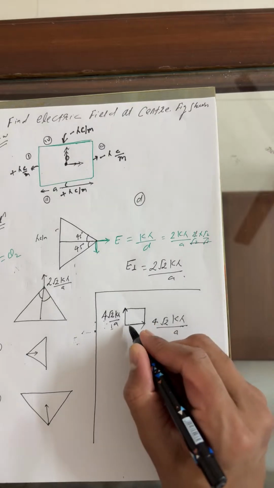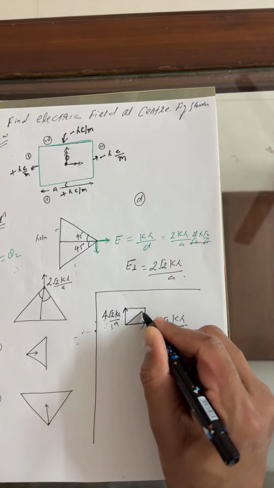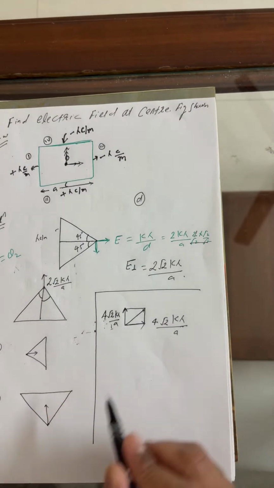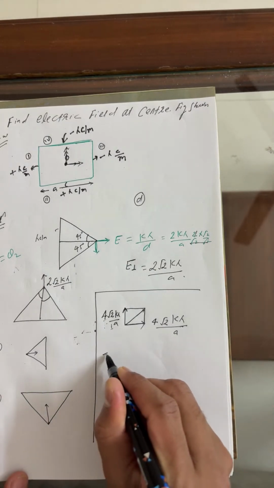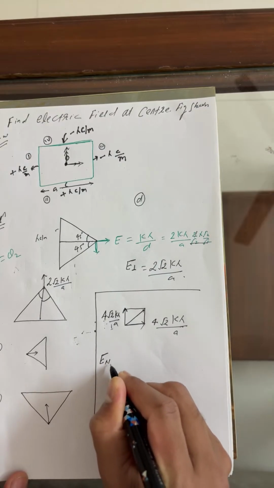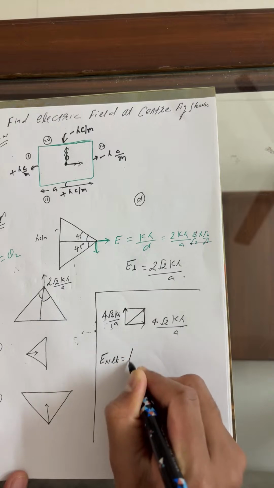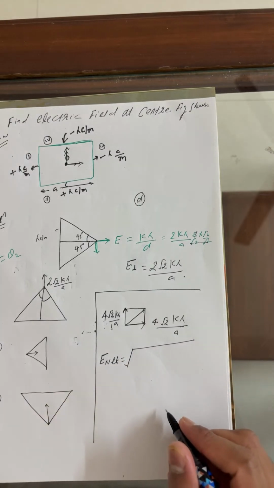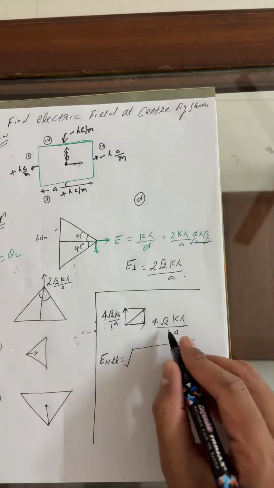Now I can say this is what we wish to find here, because electric field is a vector quantity. Both are at 90 degrees. So to write the answer for net electric field, you have to apply the formula a square plus b square plus 2ab cos theta, and cos 90 is 0.